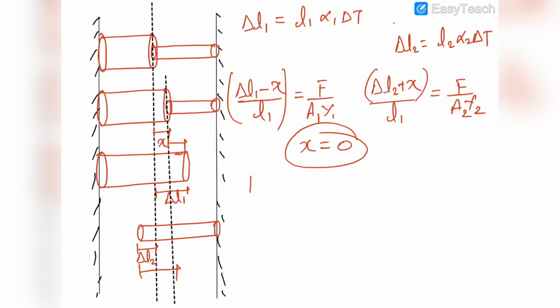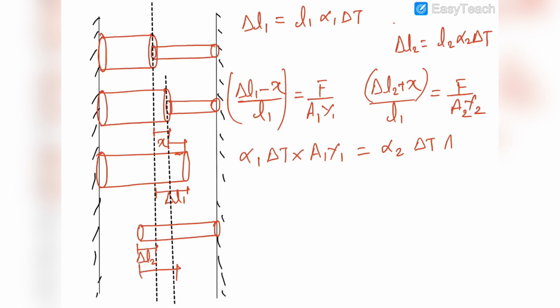So we can equate F. We can substitute X equal to 0, and we can substitute the values of delta L1 and delta L2, which are L1 alpha 1 delta T and L2 alpha 2 delta T, and equate the value of F. So we can see that it would be alpha 1 delta T into A1 gamma 1 equal to alpha 2 delta T into A2 gamma 2.